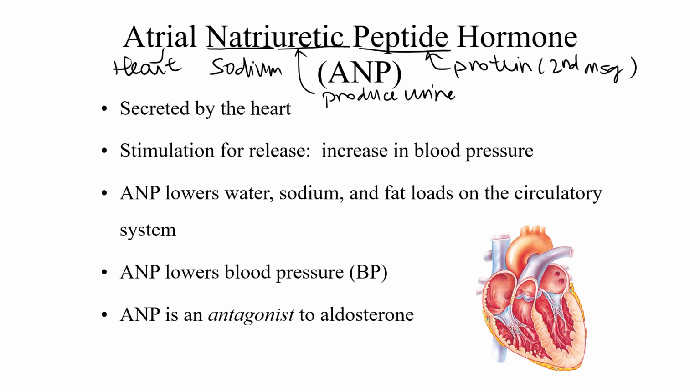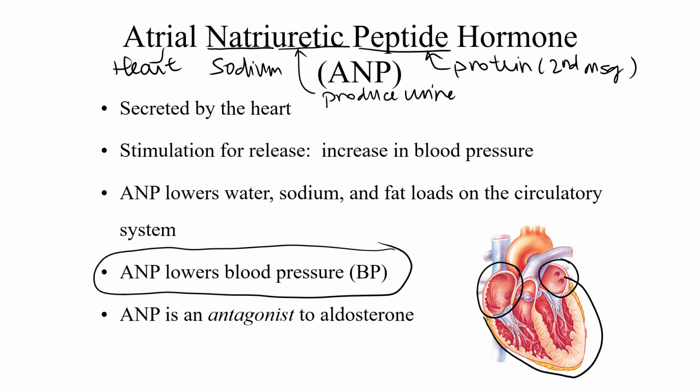So here's the deal. If you look at this heart picture down below, these are the two atrial chambers right here. And if you happen to have high blood pressure, they can stretch. And of course, if they're stretching, these ventricles down below can also stretch. If you stretch out these particular chambers of the heart, then it can become large, flabby, and unable to operate as a pump. So in order to keep the heart from overworking itself from high blood pressure, ANP's job is to lower blood pressure.